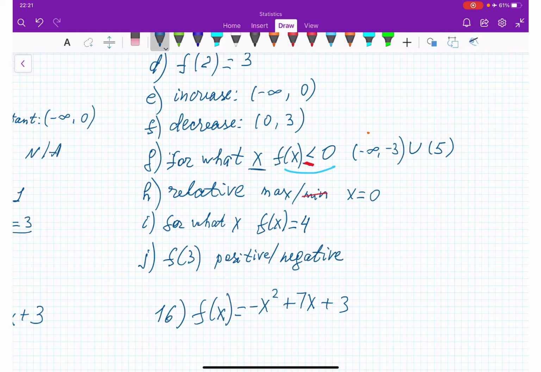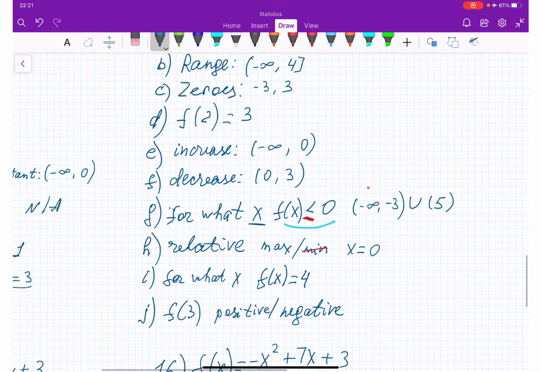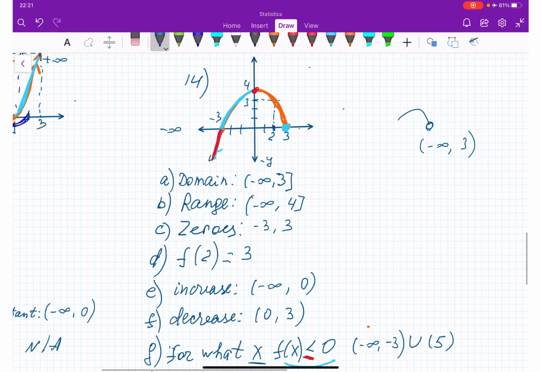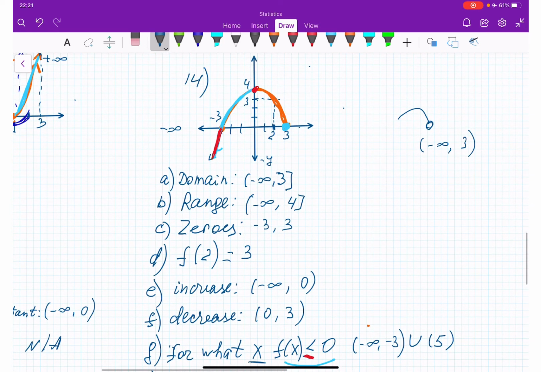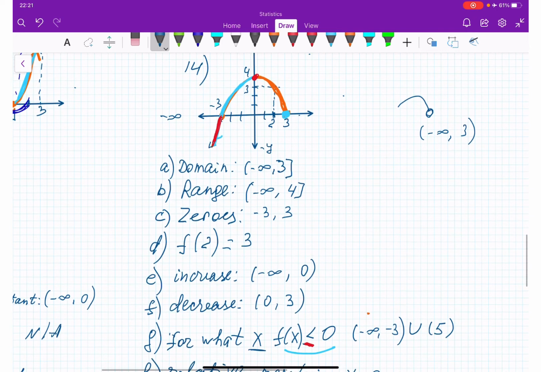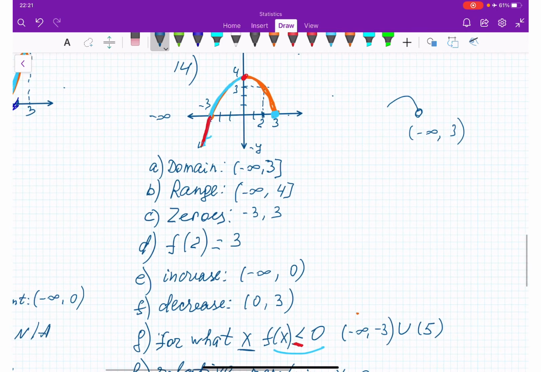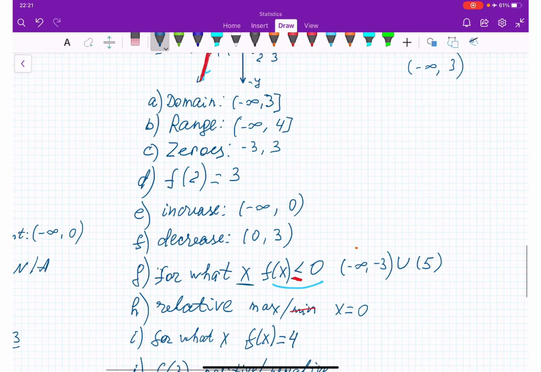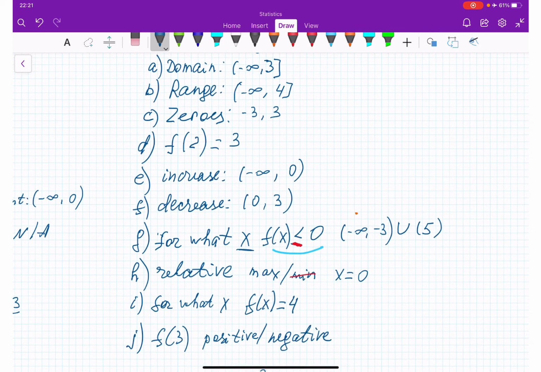Okay. Question I is asking us to find out when f of x is equal 4. When f of x is equal 4, how much is our x?